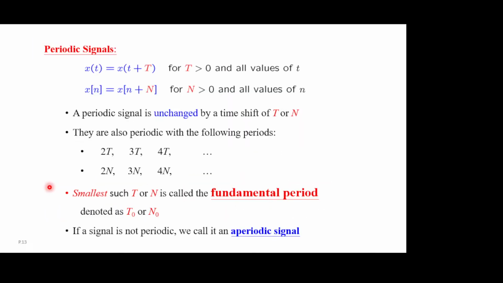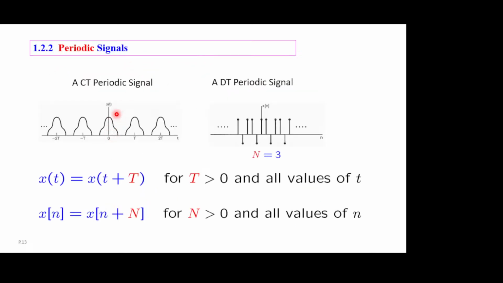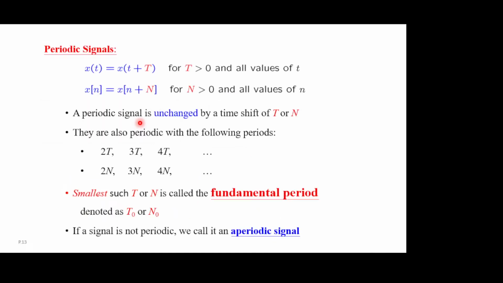And also another thing we kind of glossed over: if this relation is satisfied, then it also is satisfied for some T less than 0. So you can also have negative T here. This is also satisfied because if it matches when you shift left, it also matches when you shift right. But to make things simpler, we only define our period for positive numbers.